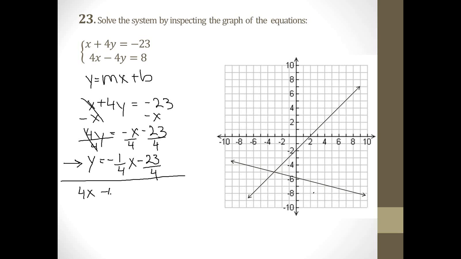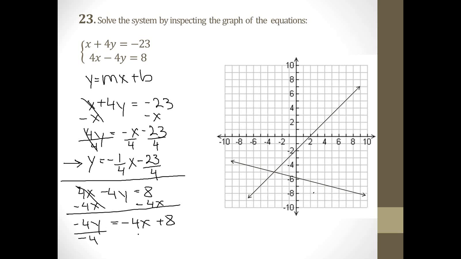The second one is 4x minus 4y equals 8. So solving for y, subtract 4x from both sides. You are left with negative 4y equals negative 4x plus 8.